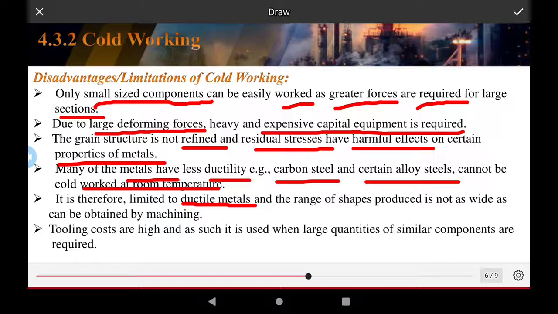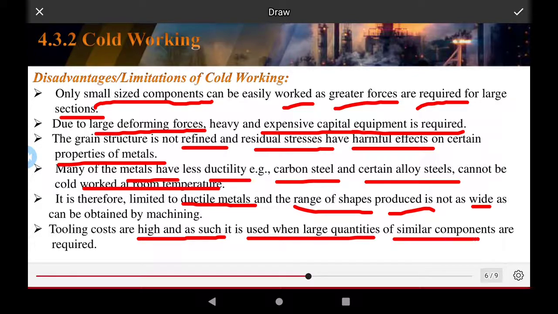Large shapes cannot be produced, otherwise they can be obtained by machining. Tooling costs are high, and as such it is used when a large quantity of similar components is required.